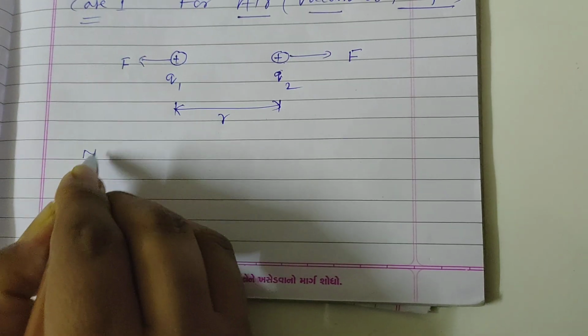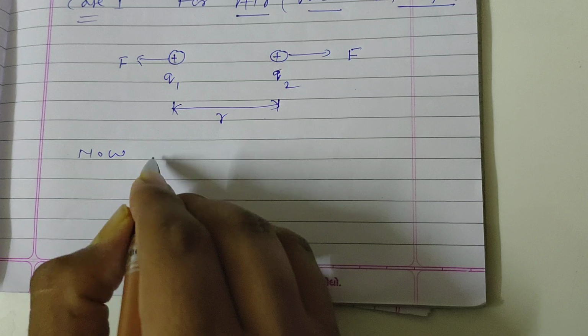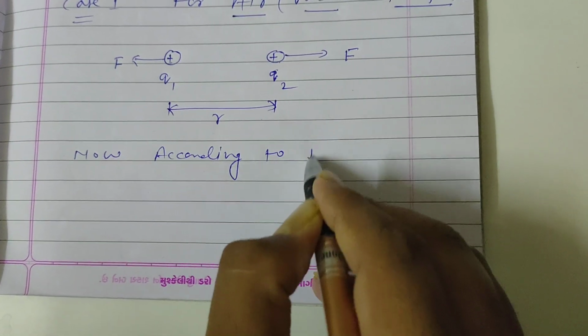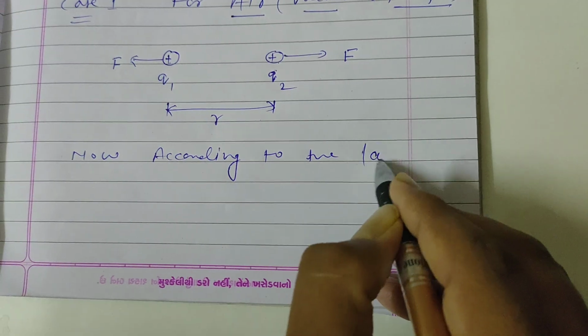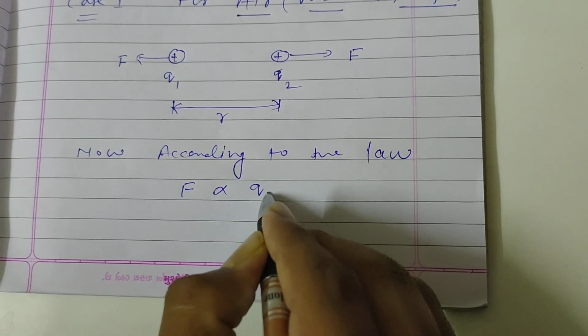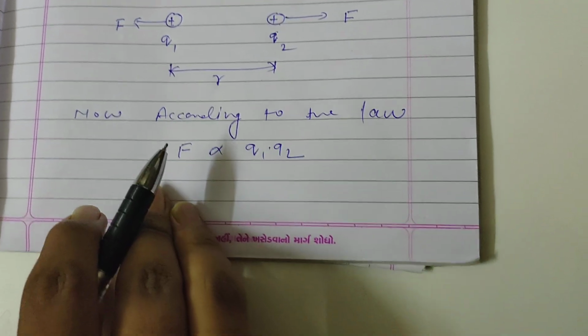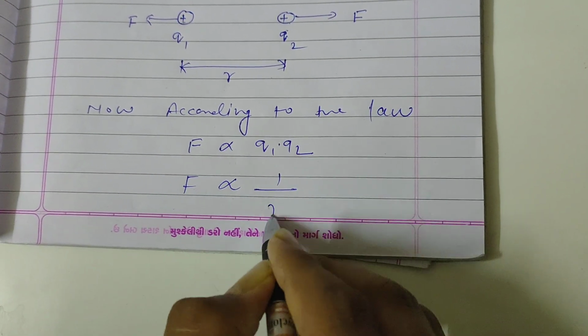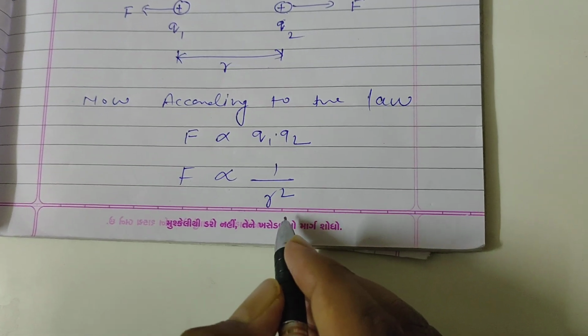Now according to the law or statement, F is directly proportional to the product of charges, and F is inversely proportional to the square of distance between them.